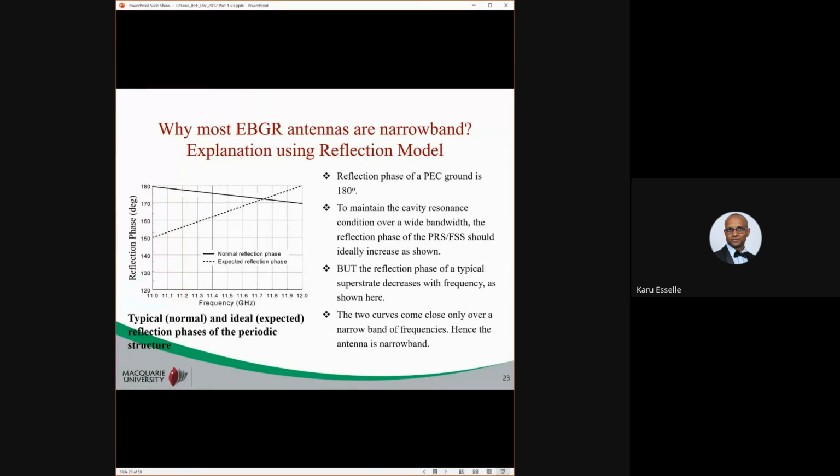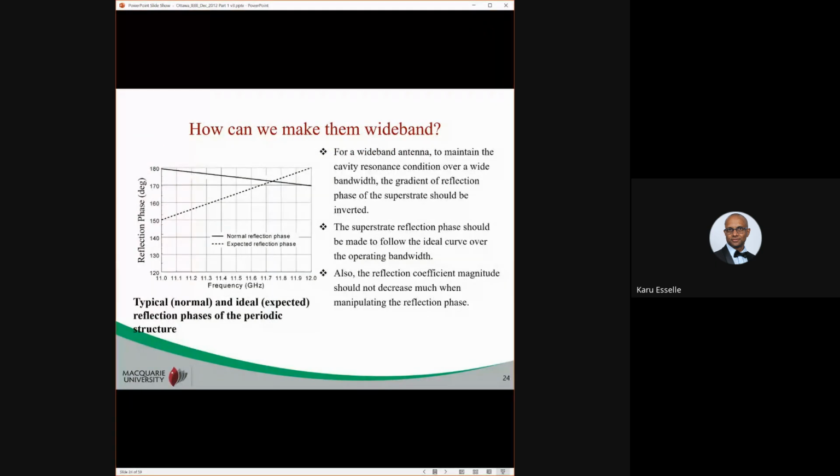There's a paper by Prasad with all the theories about this cavity resonance condition. So to carry on, this is the kind of reflection coefficient phase of the superstructure we need to make a wideband antenna.